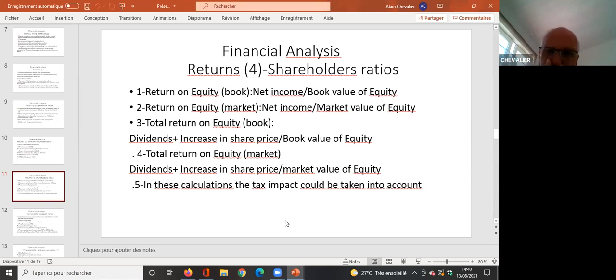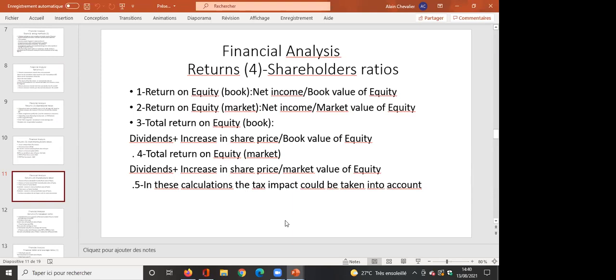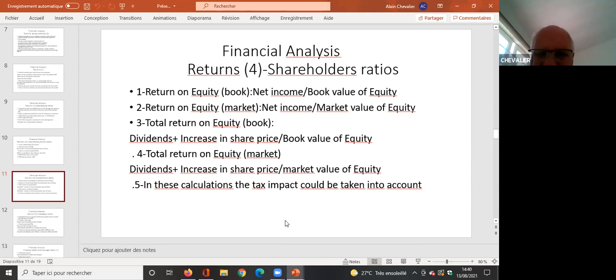Another way to have a look: my shareholder, in many cases, doesn't know about financial analysis. What he knows is that he was interested by the firm. He has a feeling, it was more a feeling than anything else, that this firm will perform very well in the near future. And he decided to invest $100 in one share.